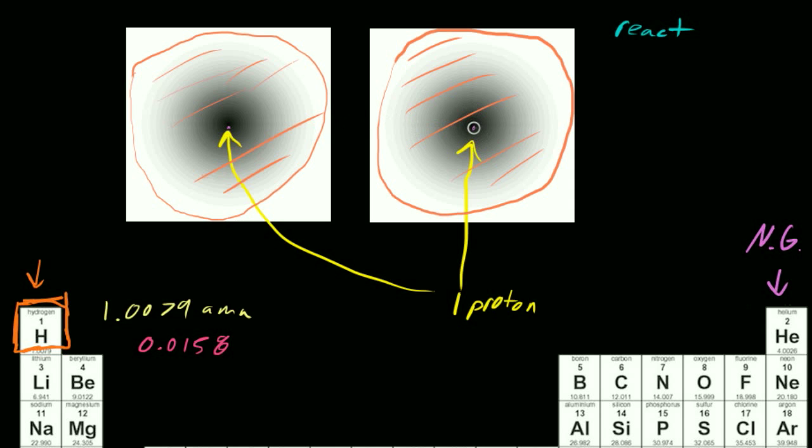Is the positively charged nucleus somehow going to react with this positively charged nucleus, or are we going to have some interaction between these two 10,000 times larger electron clouds?